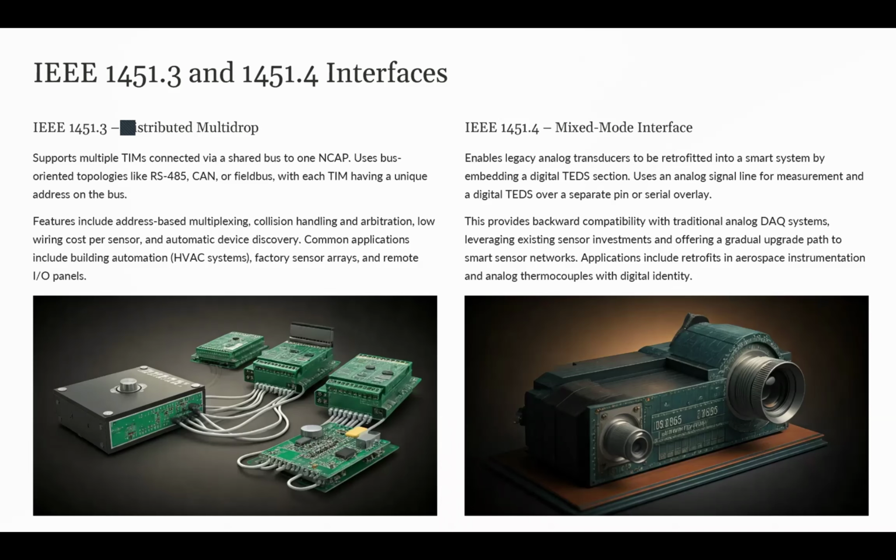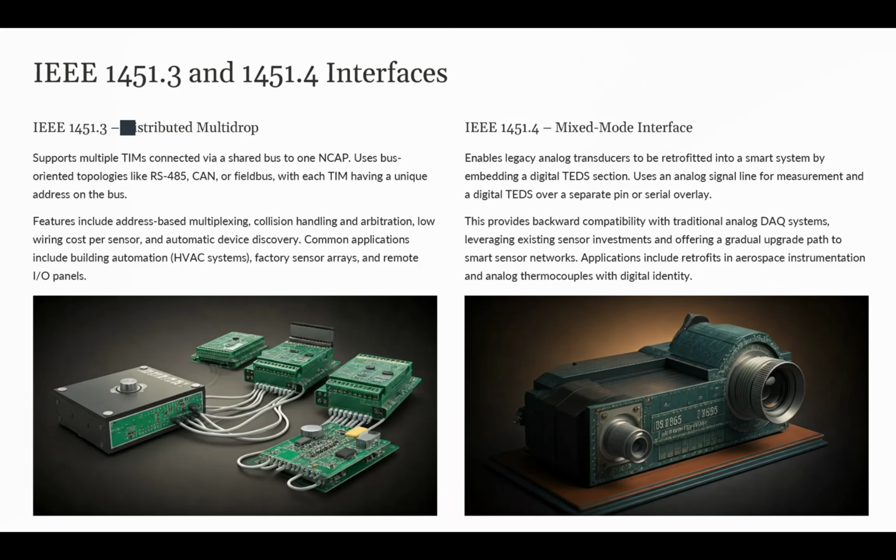Now, this mixed mode interface allows the system to gradually transition from the traditional analog system to fully digital smart sensors without replacing the entire sensor infrastructure at once. So we could gradually enhance our system. Now, it's ideal for upgrading legacy systems, like aerospace instrumentation or thermocouple networks.